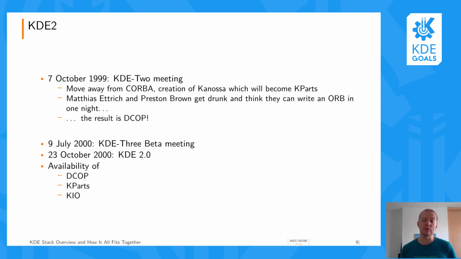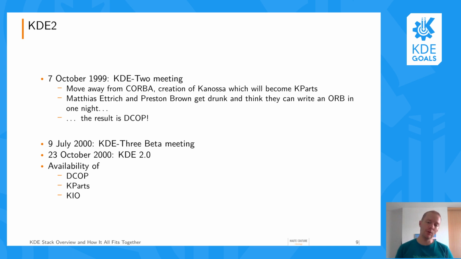That's the object request broker, which allowed objects to call each other over kind of a bus. And so they claim they can do that in one night, and the result is DCOP, DCOP being the ancestor of dbus, basically. So they were actually right. It was probably buggy still back then, I guess, but that got fixed later on.